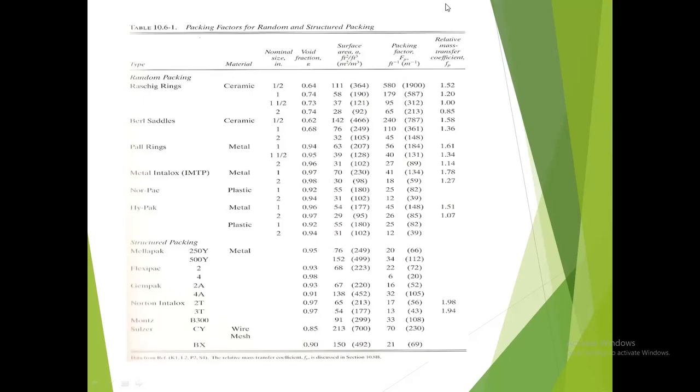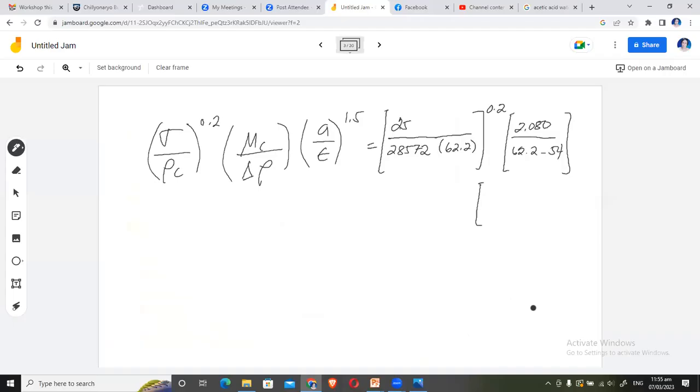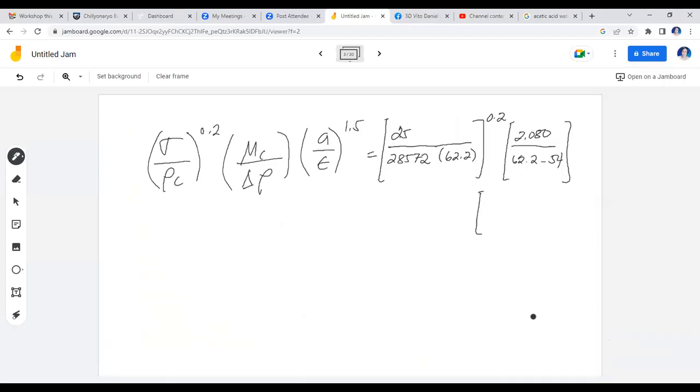Okay, so we go back to our Jamboard. We have here A, which is 63, and an epsilon, which is 0.94. So you'll have here an exponent of 1.5.